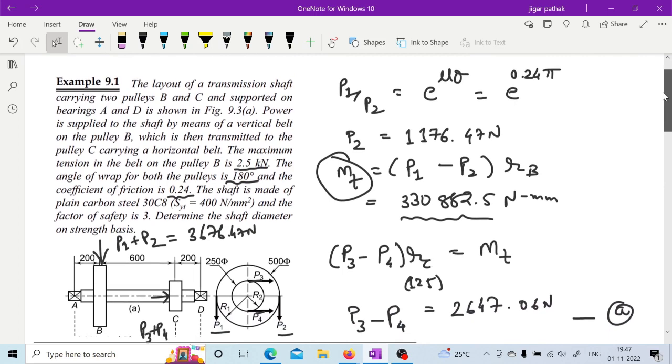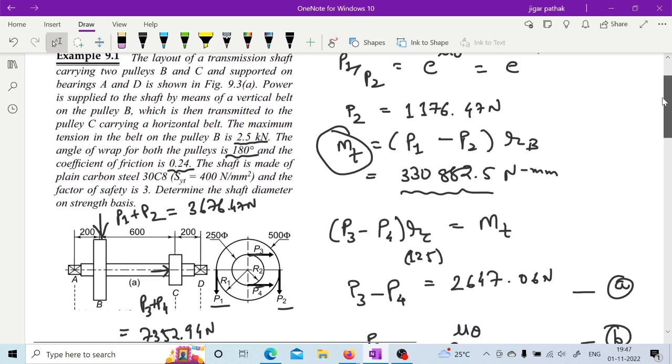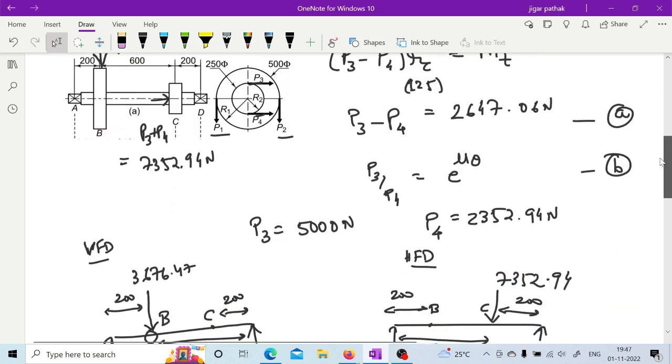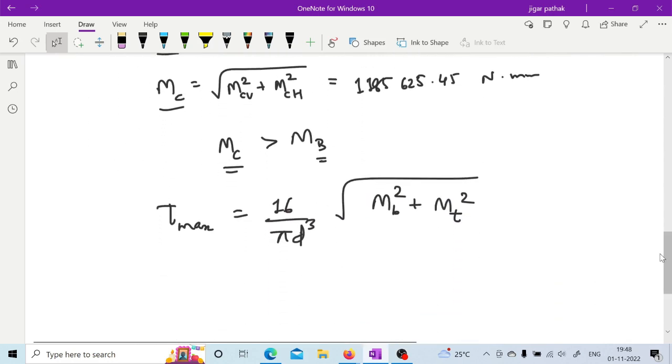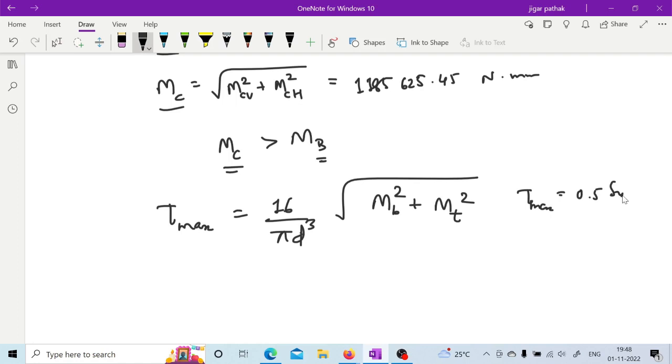Here, based on maximum shear stress theory you are designing, right? Plain carbon steel is a little bit ductile material, so you are designing based on that MSST, because you are using shear stress. So the tau max, if you remember, is 0.5 SYT upon factor of safety.